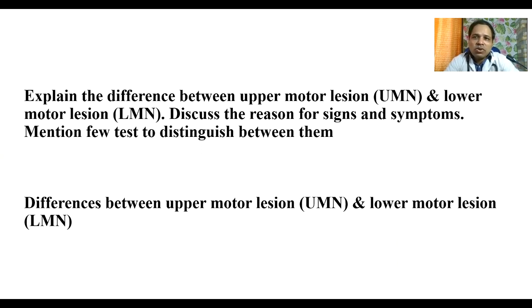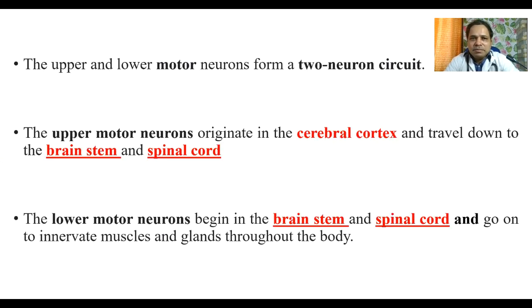So first we'll throw light on these two neurons, okay? The upper and lower motor neurons form a two-neuron circuit. The upper motor neuron originates in the cerebral cortex and travels down to the brainstem and spinal cord. The lower motor neurons begin in the brainstem and spinal cord and go on to innervate the muscles and glands throughout the body. This is the general sentence. Let's look at the diagram.